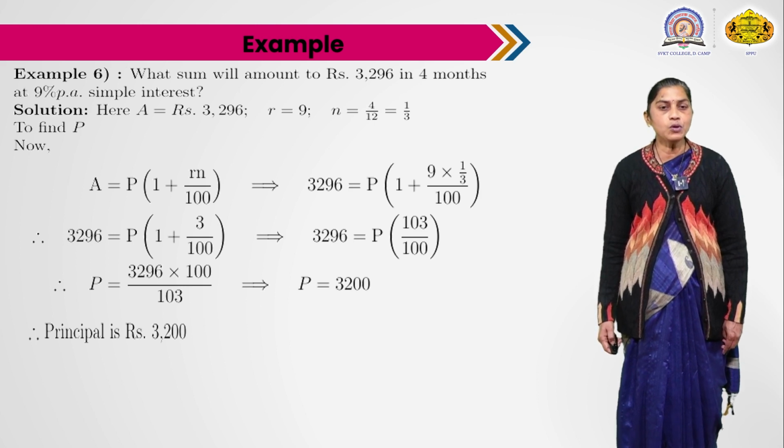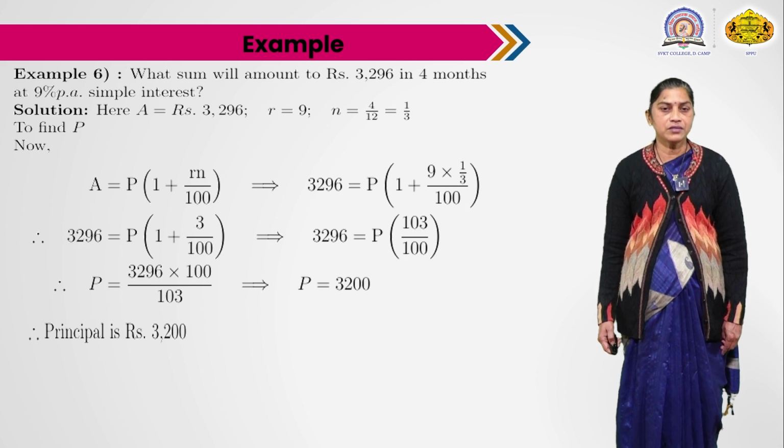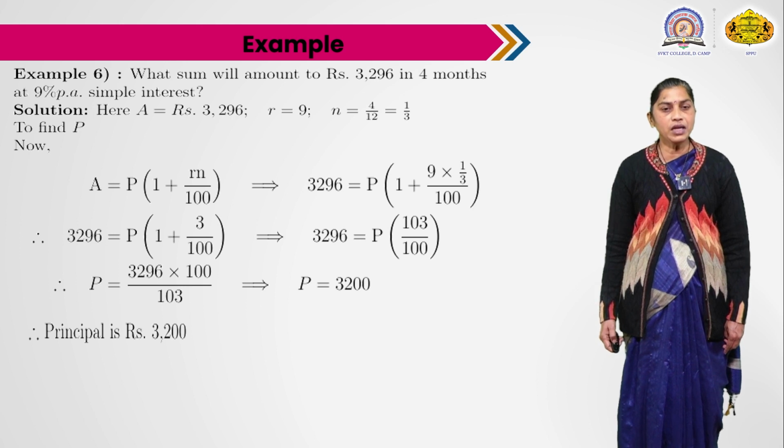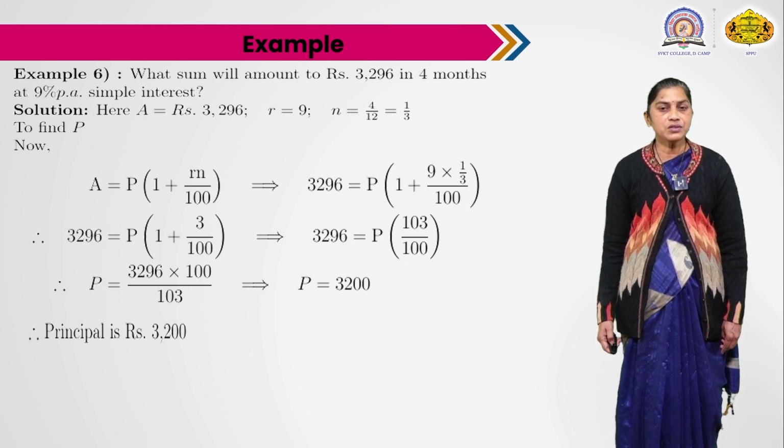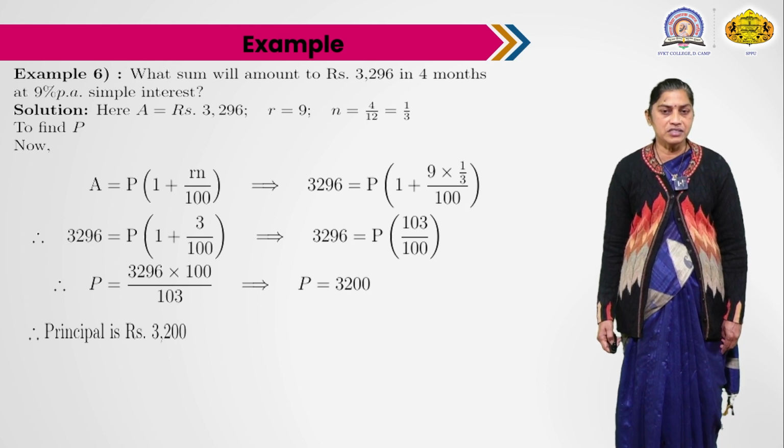Now, use our usual formula. A is equal to P into bracket 1 plus Rn by 100. Therefore, 3,296 is equal to P into bracket 1 plus 9 into 1 by 3 upon 100. Simplifying, we get 3,296 is equal to P into bracket 1 plus 3 by 100, or 3,296 is equal to P into bracket 103 upon 100.